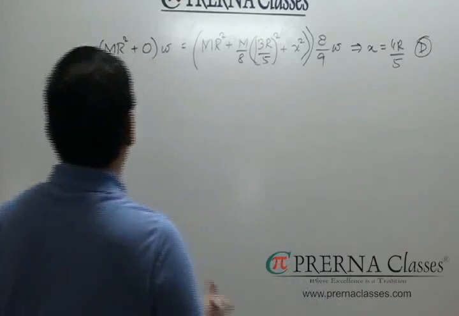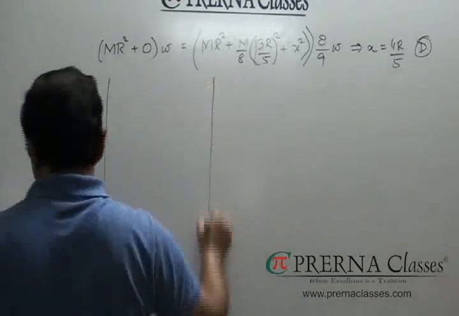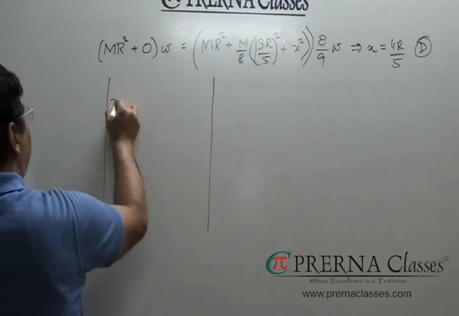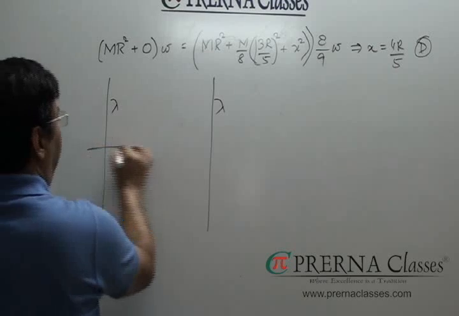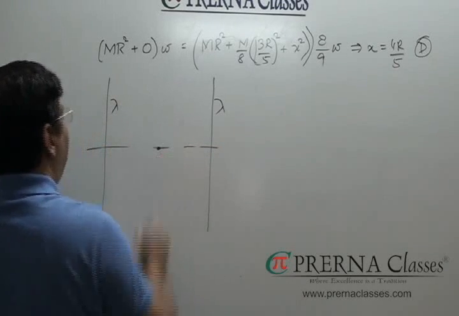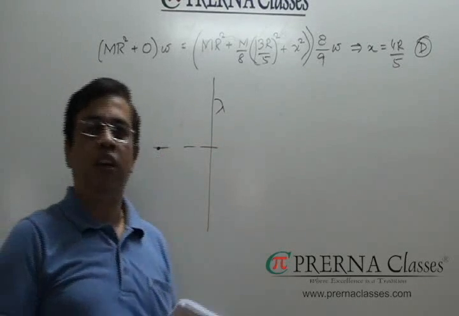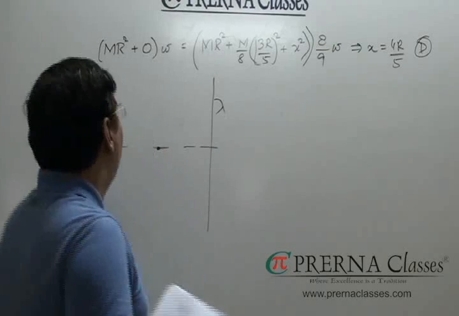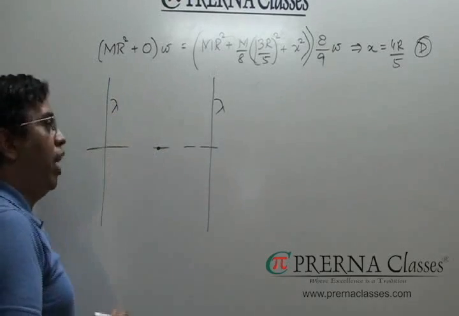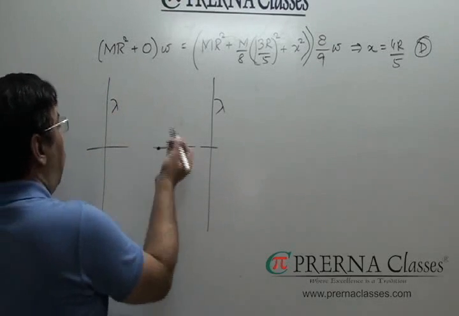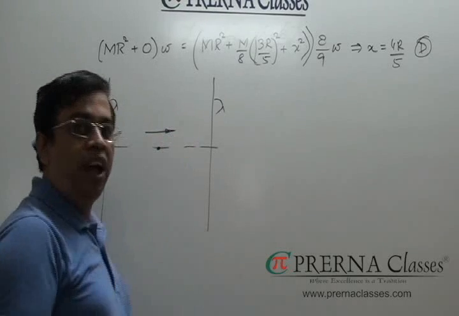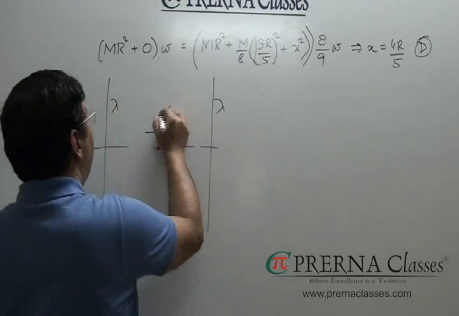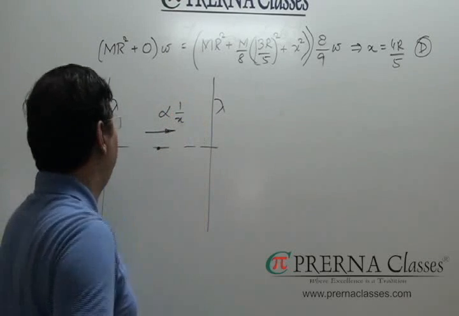The next question dealt with two infinitely long wires like this with linear charge density lambda and a point charge which is constrained to move along the x-axis. We know that due to an infinitely long wire, at a point here the electric intensity is going to be directed this way, and that is going to be inversely proportional to x.